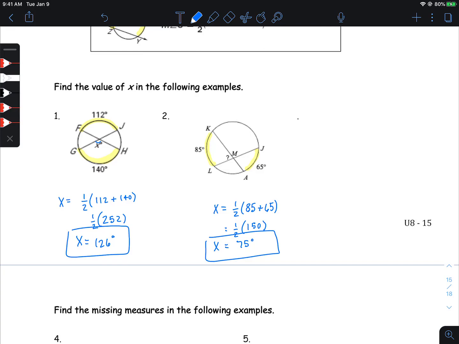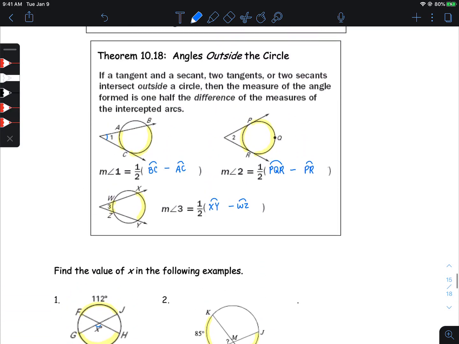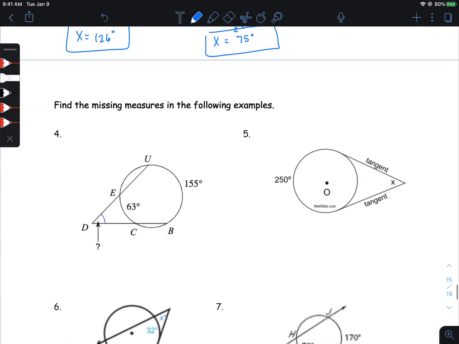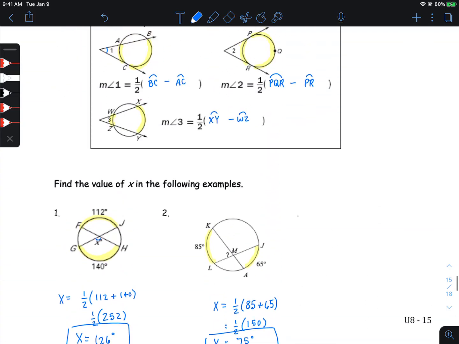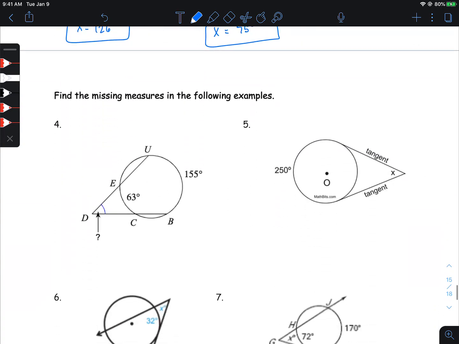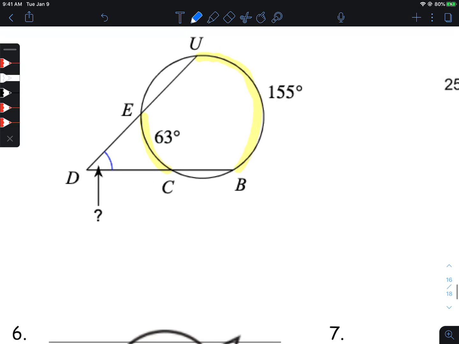So those examples aren't really that incredibly hard. You're really just using the formulas that we gave you. So let's see here a few different variations of the previous 3 formulas when the angles are outside the circles. That says take your big arc minus the small arc and then divide by 2. Here's your big arc between the two secant lines, and here's your small arc between the two secant lines.